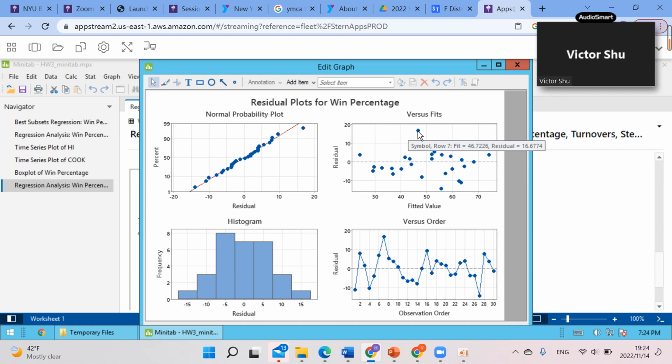If I draw the line of best fit, I'll see my seventh observation deviates from the line of best fit, much higher than the line, and their vertical difference is 16.67.